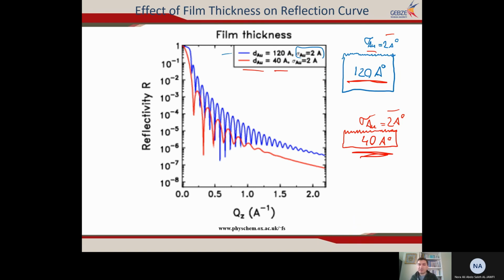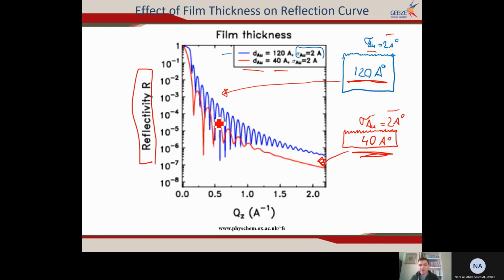So what happens to the reflectivity curve? This is the 2 theta or Q axis. This is the reflectivity or intensity axis. So what do you see? For the thinner gold we have this red curve, and for the thicker gold we have this blue curve. What do you see here?